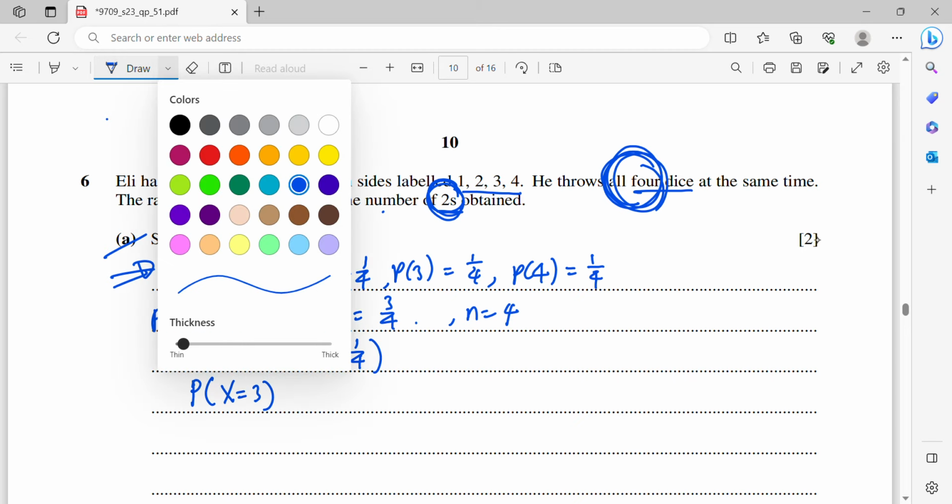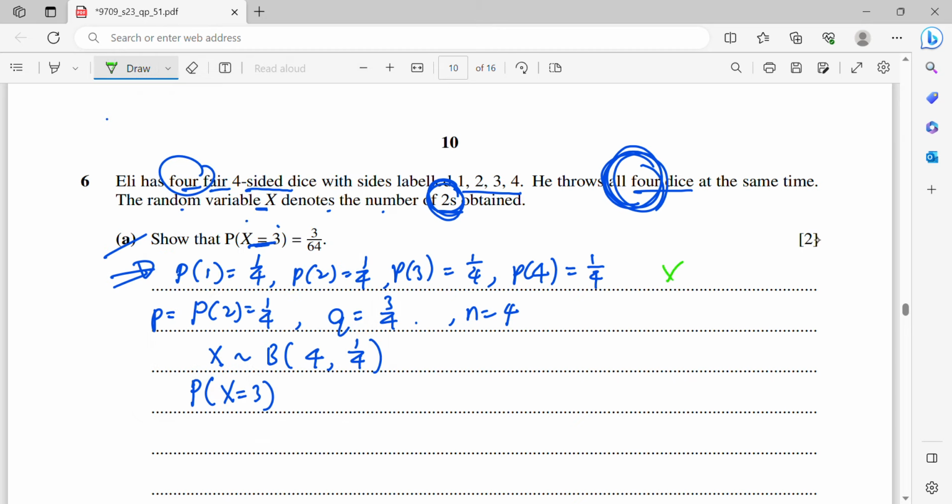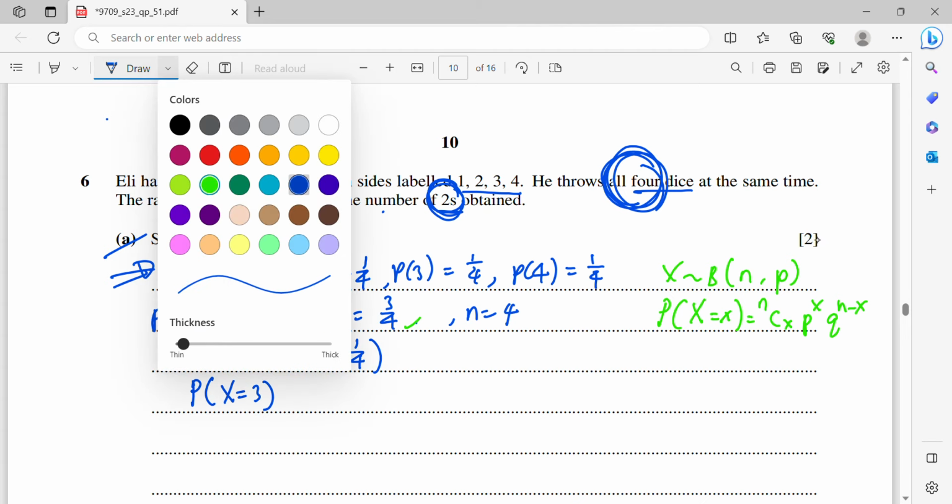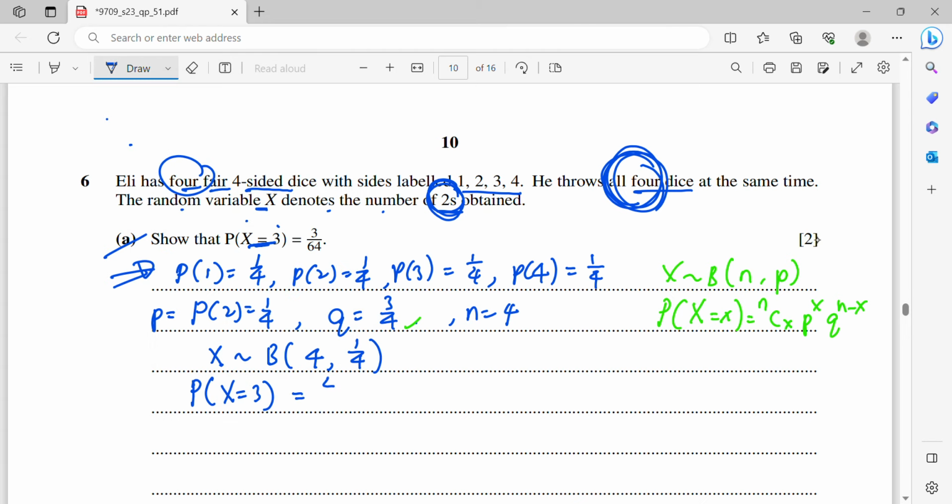Since this is binomial, just for information, when X is binomially distributed with n, p, then the probability of X equals small x is nCx p^x q^(n−x). That's why I've written down that q is 3 over 4 here. So for this question, it will be 4C3, because your n is 4.